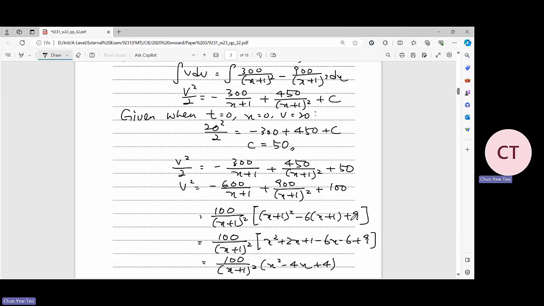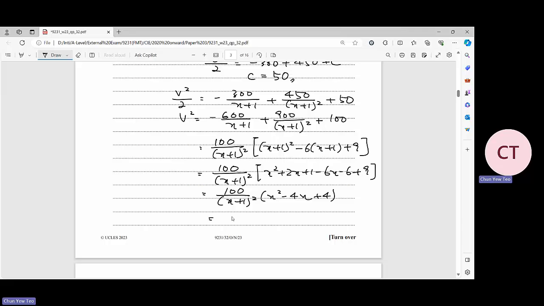X squared minus 4x plus 4 can be factorized as 100 (x minus 2) squared over (x plus 1) squared. So 100 is 10 squared. Therefore, your v will be 10(x minus 2) over (x plus 1).